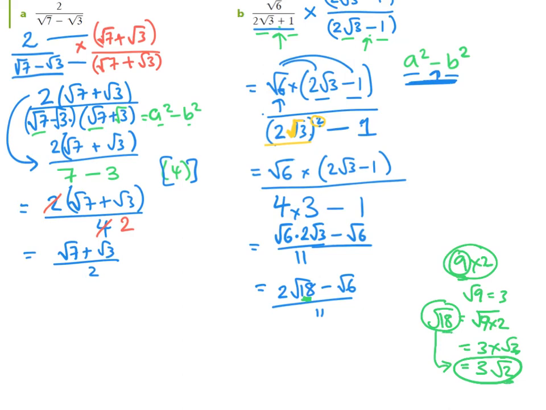I hope you've done. So let's tidy that whole thing up now to 3 square root 2, take square root 6, divide by 11. Now I'm looking around there to see if there's anything else that I can do with that. My worked example has that as the base finish, so I think we'll go with that.